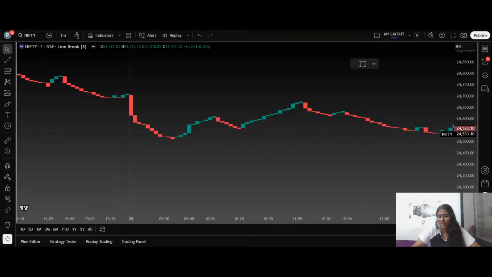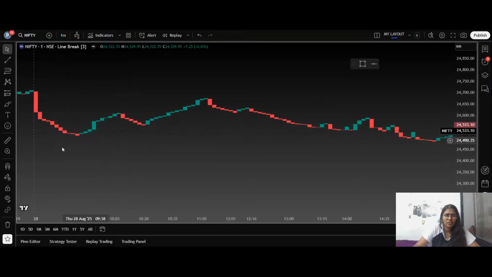Like in the Renko candle, I put the brick size at 14, so if it moved by 14 points, one brick is formed. But here they make lines according to the number of lines instead of a single break of some points. So how does the line break work? You choose the number of lines. Suppose I choose here.